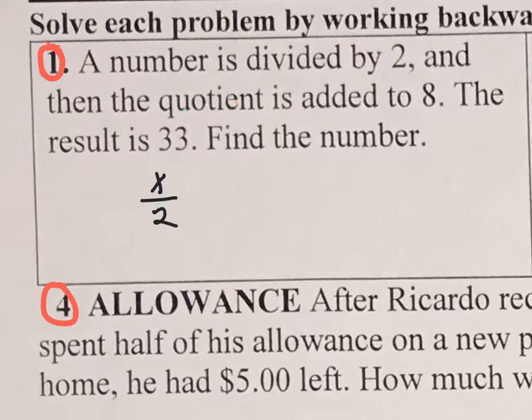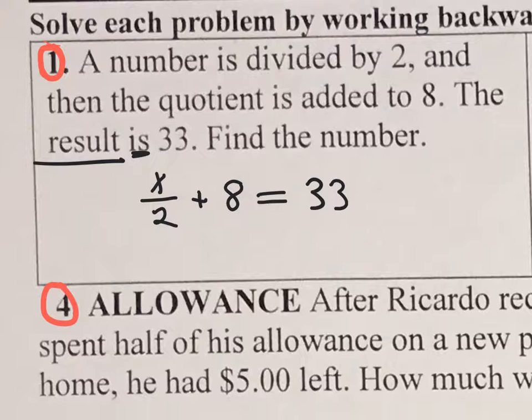Then the quotient, that is the division problem, the quotient is added to 8. The result is 33. So the keyword is, or even result, that's saying the answer is 33. So there is our equation that we got from the sentence, and let's now solve it.